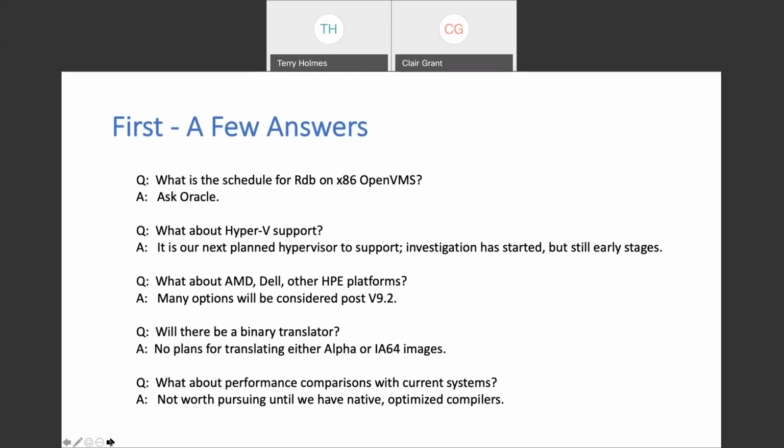We have no plans right now for translating either Alpha or I64 images. Performance of VMS on x86, no idea. And it's not worth thinking too hard about until we have native optimized compilers. So I thought I'd throw out a few questions that we get all the time. Let's get them out of the way first.